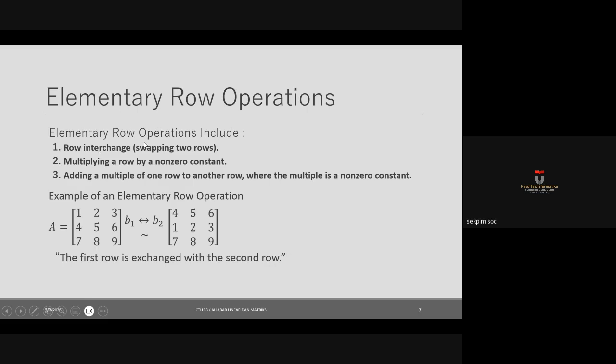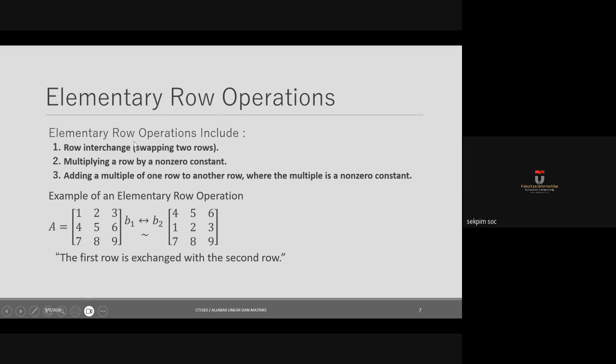So elementary row operation consists of only three operations. Outside of these three operations, it's not called elementary row operation. The first one is called row interchange, or pertukaran baris.